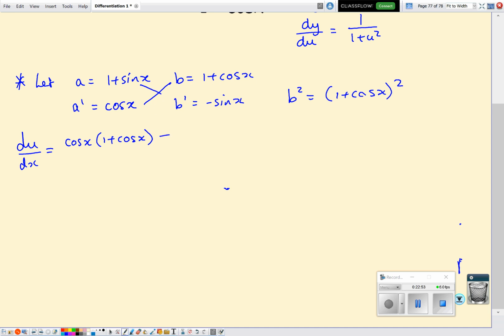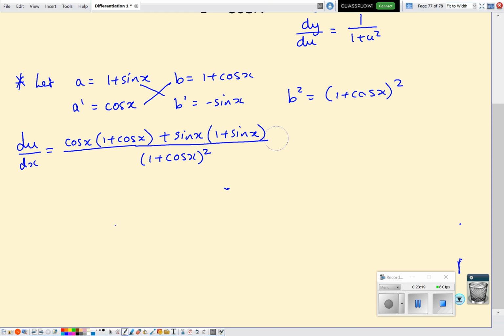Take away that times that, but I'm taking away negative sine x times that, so that becomes an add: sine x times 1 plus sine x, all over b squared, 1 plus cos x squared.